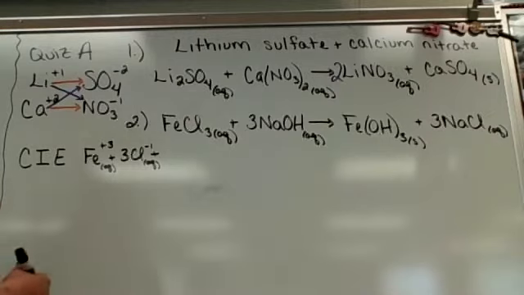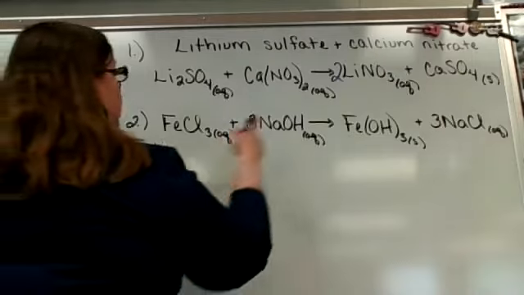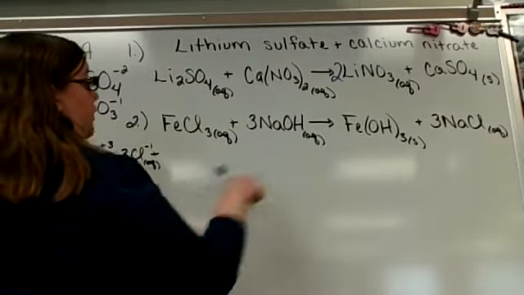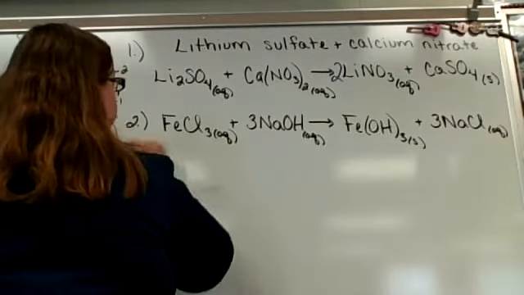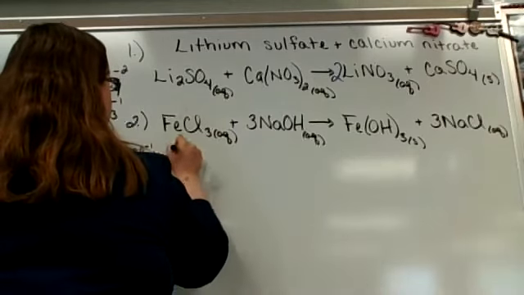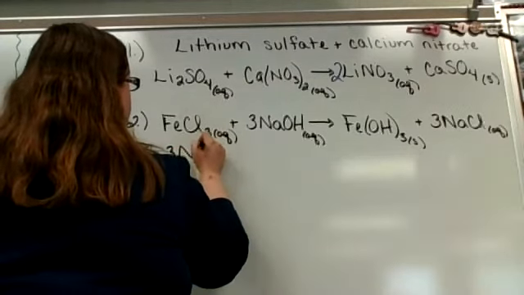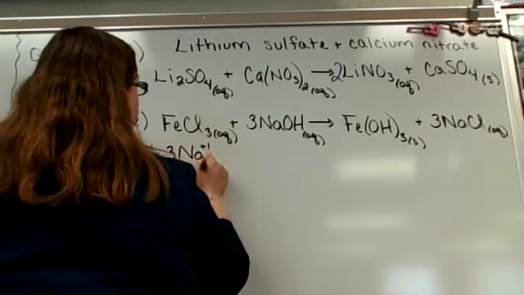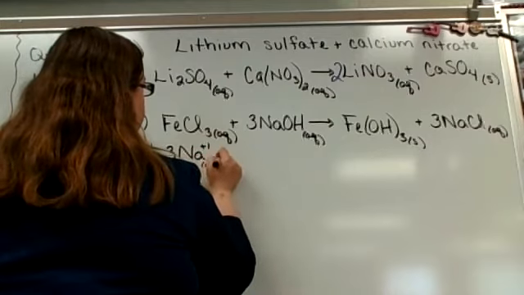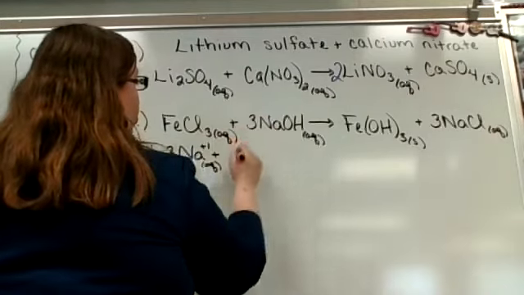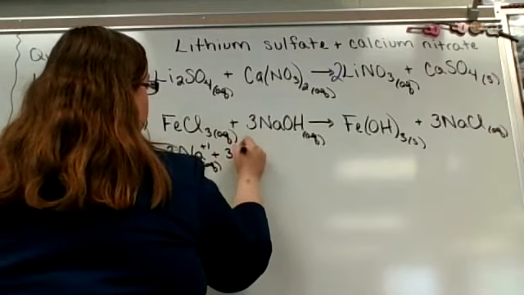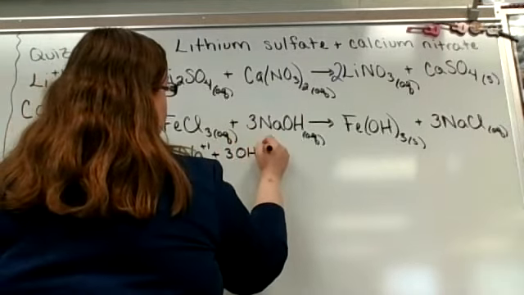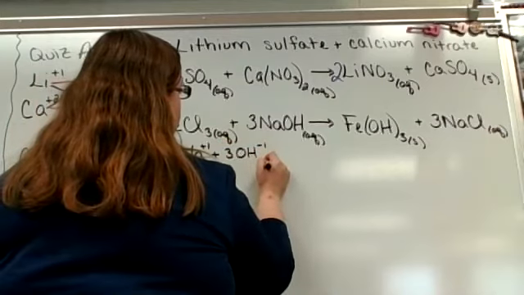So that's why we put 3 Cl -1. And then the 3 NaOH is aqueous, so we are going to split that apart into 3 Na, keeping our balancing, and that's aqueous. Now the 3 also applies to the OH. So we've got 3 OH -1 aqueous.